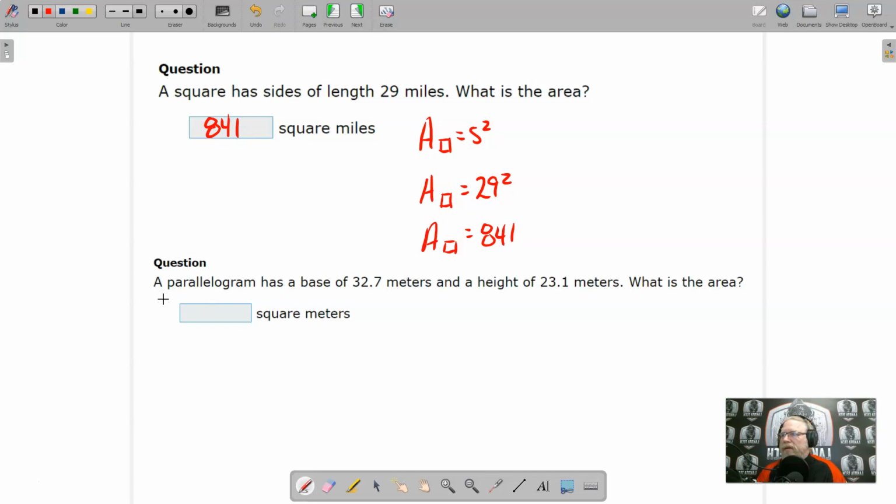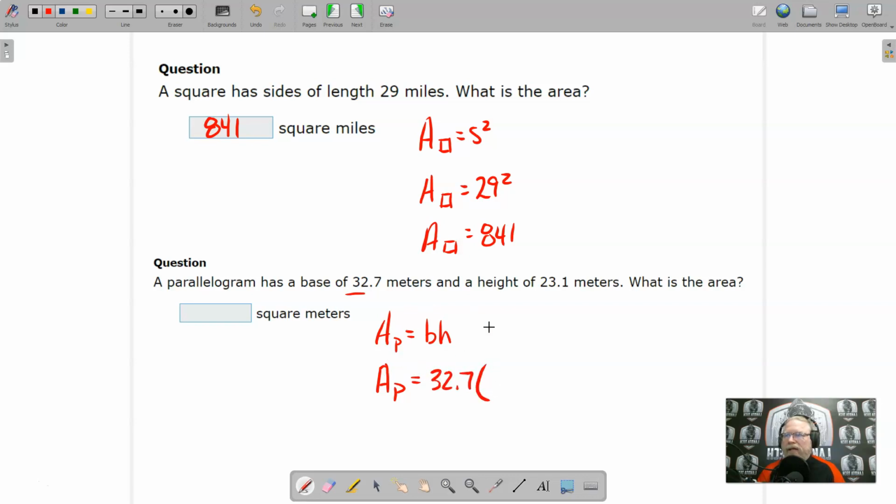All right, on the next one, parallelogram has a base of 32.7 meters and a height of 23.1 meters. Well, we know that the area of a parallelogram is equal to base times height, right? So let's do the area of this parallelogram. Plug in the base of 32.7.